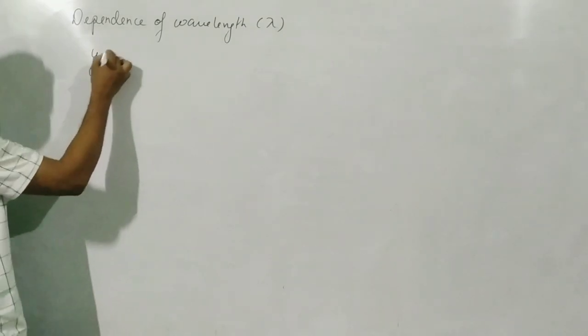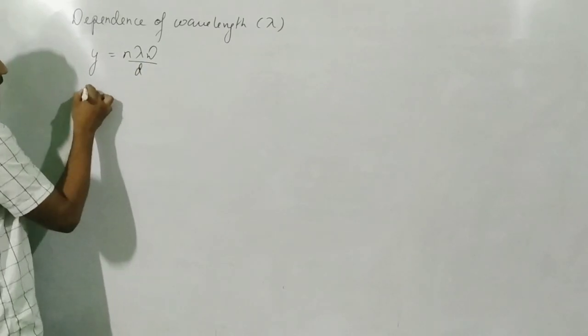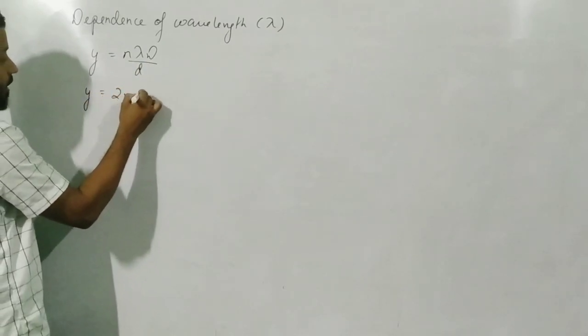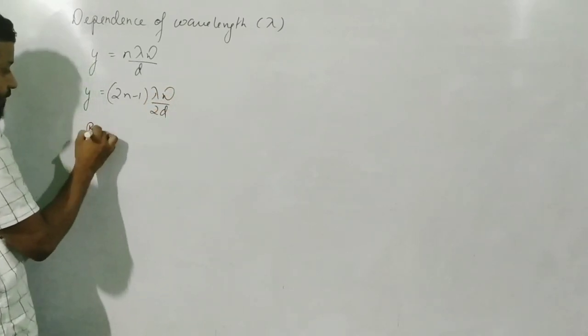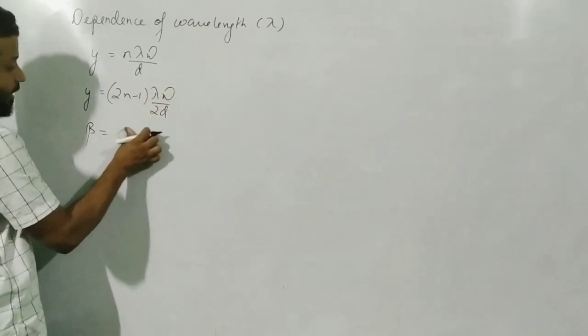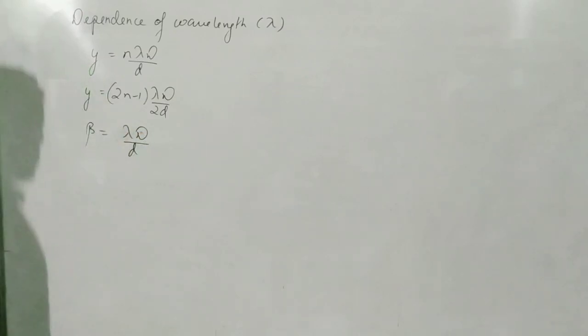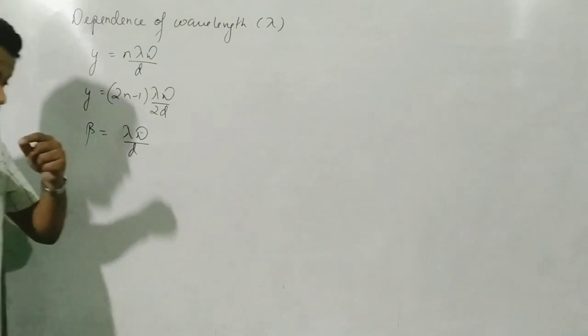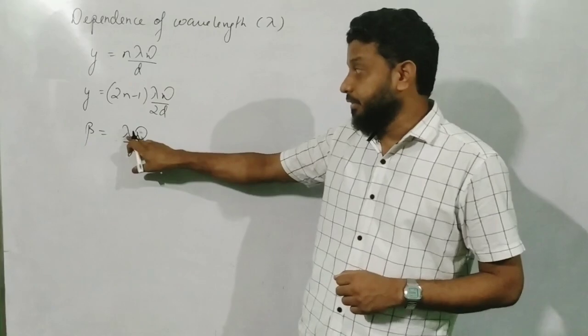Starting with the formula of y, which I wrote as n lambda D by small d. Then for dark, I wrote (2n minus 1) lambda D by 2d. And the fringe width formula, which I wrote as lambda D by d. Thickness of the fringe depends on the wavelength.